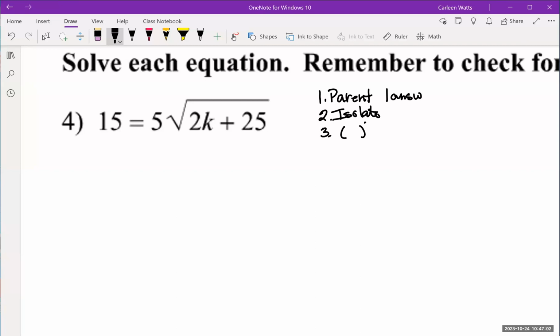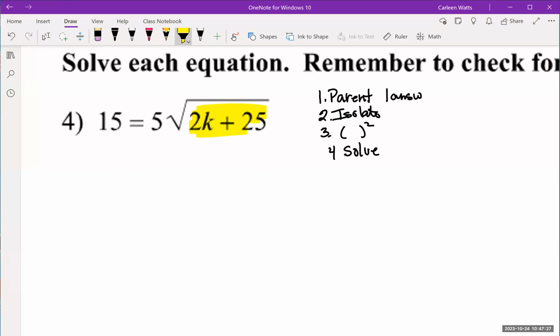We're going to square both sides and we're going to solve. Okay, we're going to isolate the variable. We're going to isolate the square root. Those guys are locked in that house.